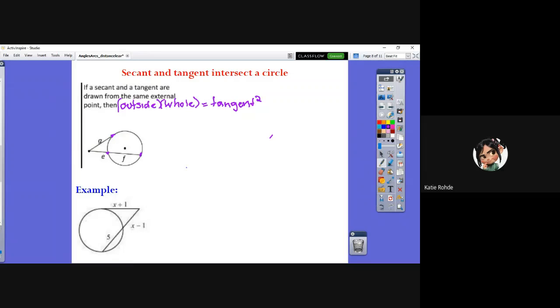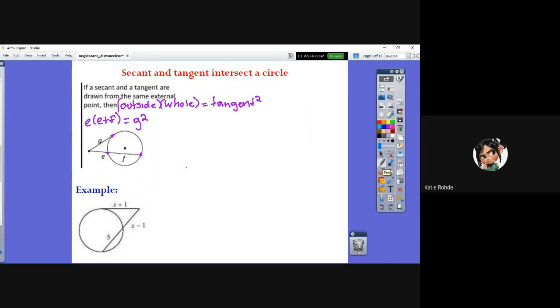So again, for here, it would be E times E plus F for the secant part, and that would equal G squared. So that is our formula for that one.